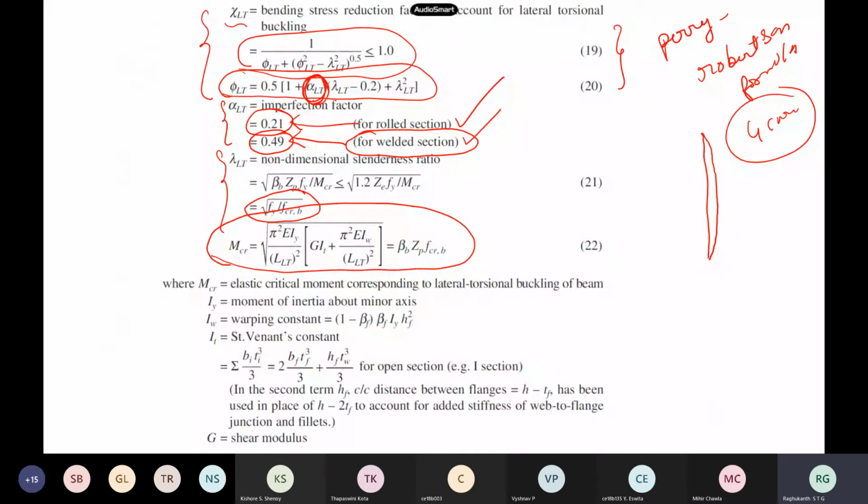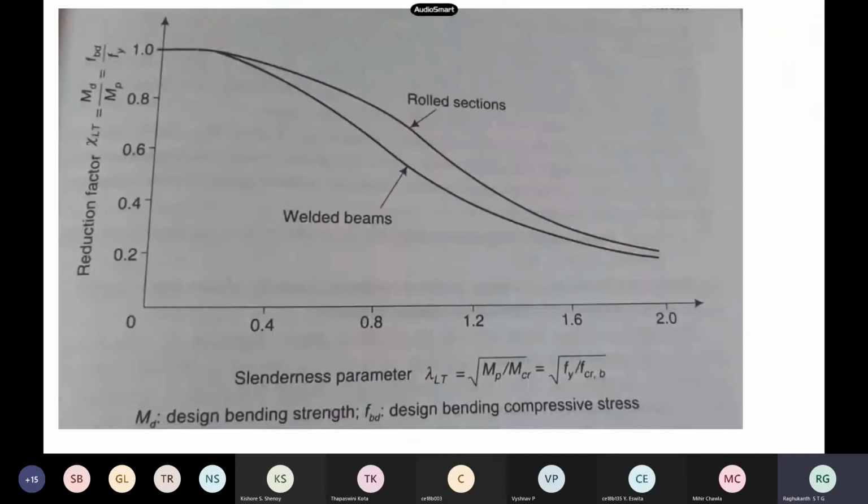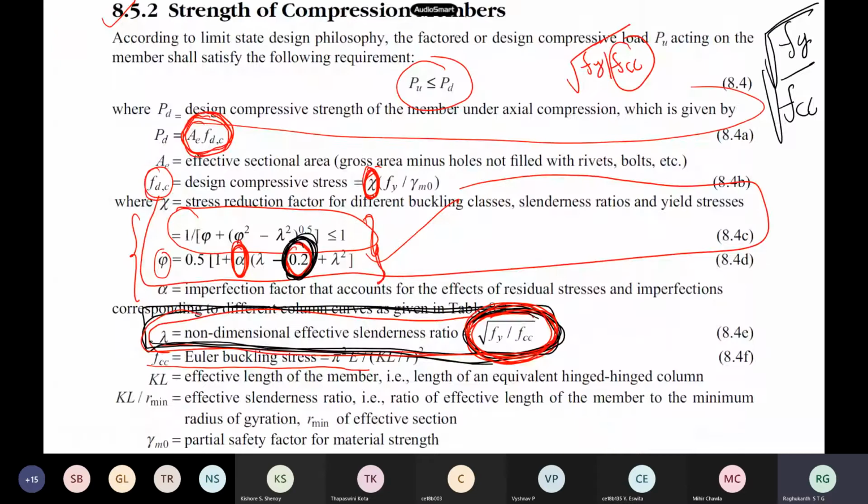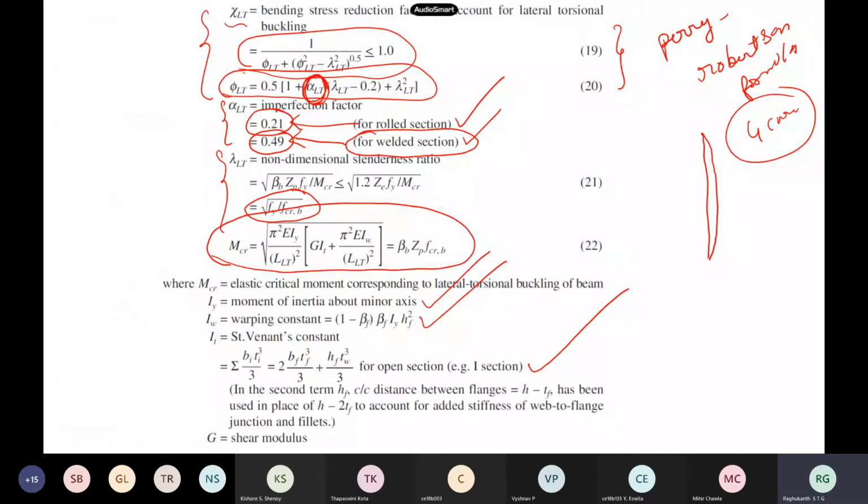So this is the critical bending moment. Now Iy is the moment of inertia about the minor axis, and there is the warping constant. For I sections the code gives all kinds of formulas, and our IS code also has everything. So this formula can be used to find the critical bending moment itself.